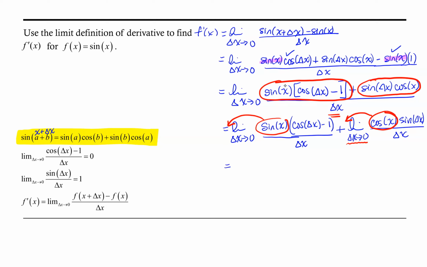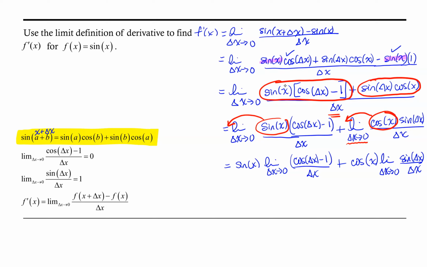So then we end up with sine of x times the limit as delta x goes to 0 of cosine of delta x minus 1 over delta x, plus cosine of x times the limit as delta x goes to 0 of sine of delta x over delta x.